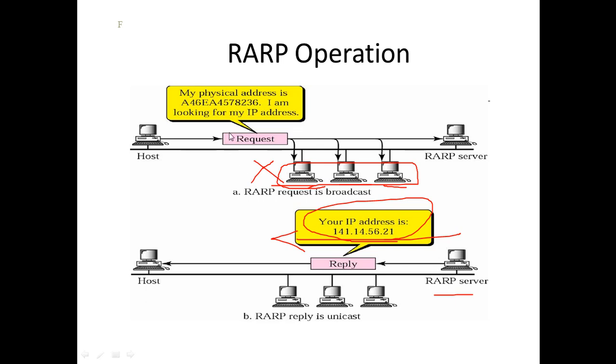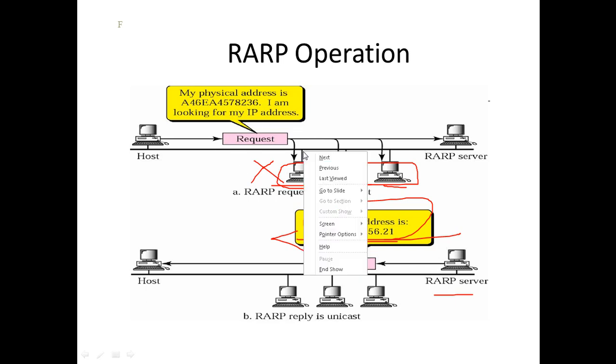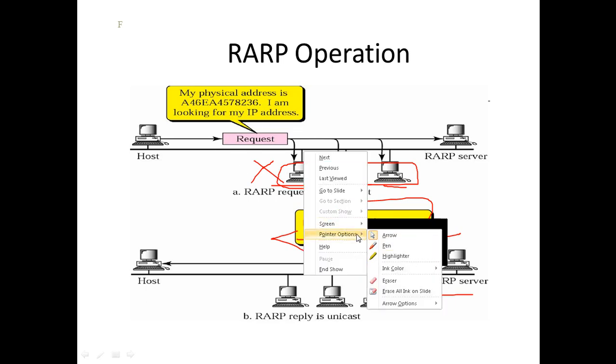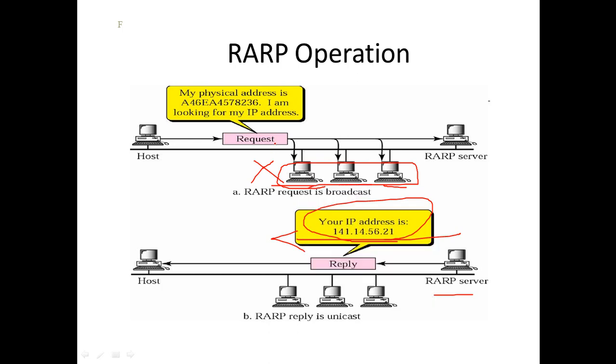If you are requesting, I will repeat again, you have to broadcast your request. This packet is broadcast among all the users of the network, and the reply will be only unicast. This reply won't go to these other destinations, and these systems will not receive the reply message.